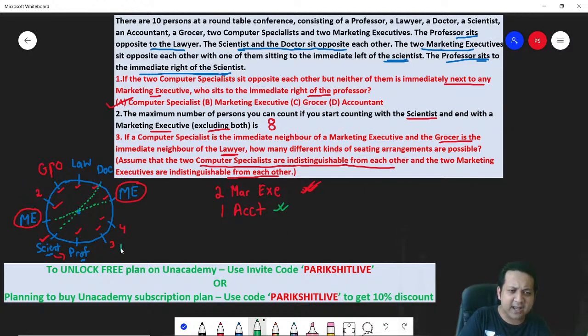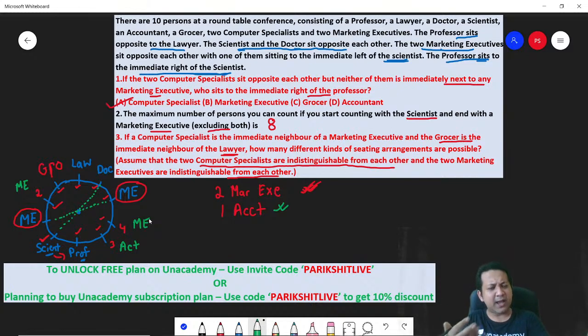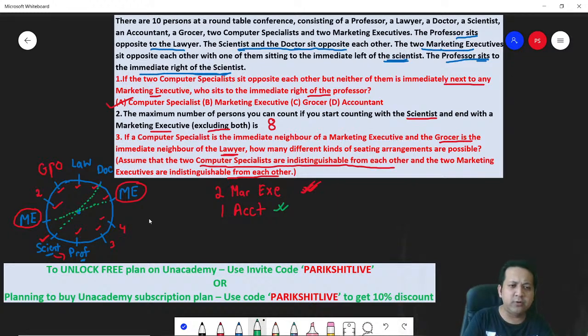If you place the accountant in position 3, you would get the marketing executives out here, another arrangement. Accountant at position 3. Similarly, one last case would be the accountant at position 4.